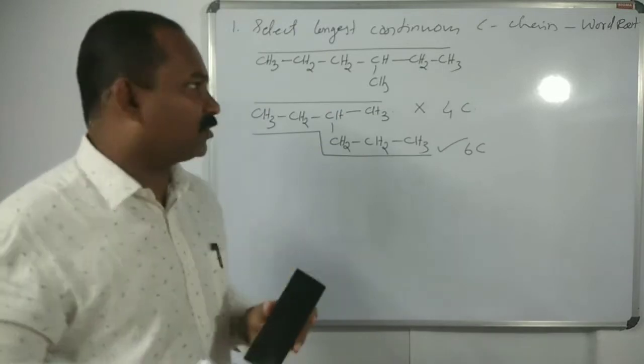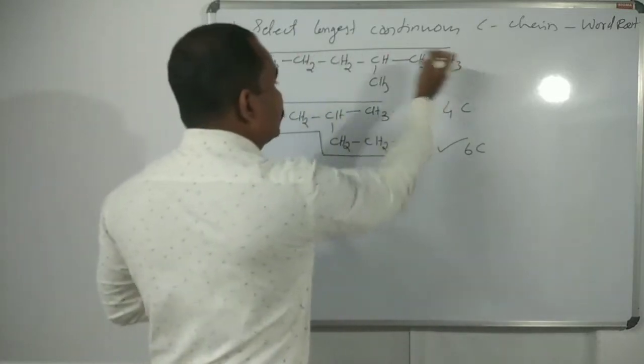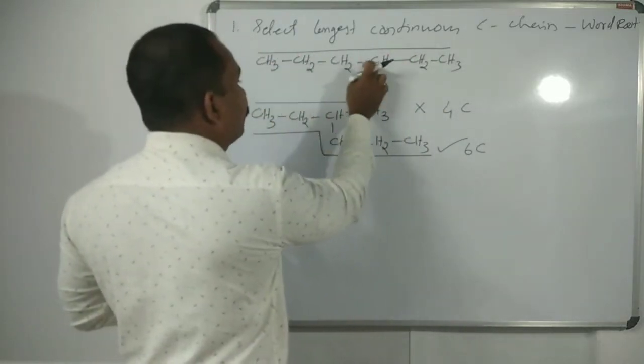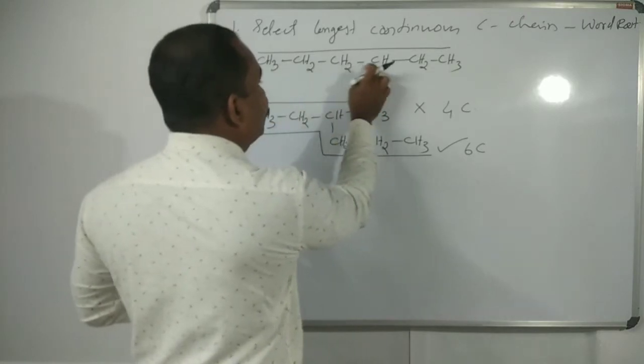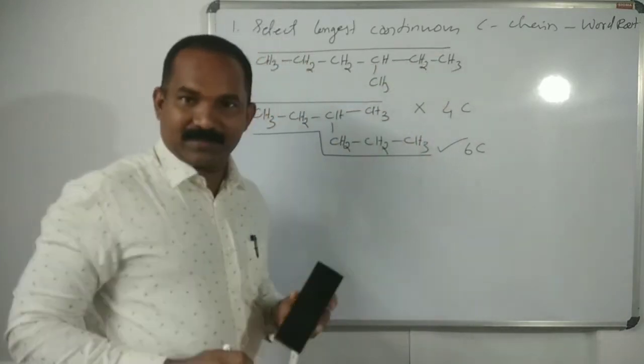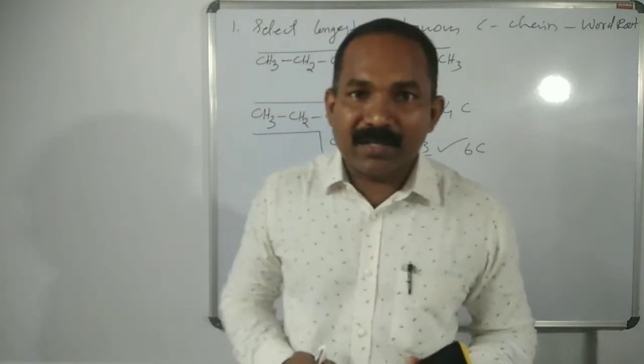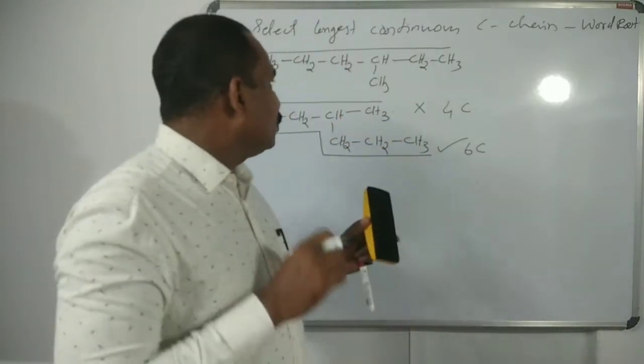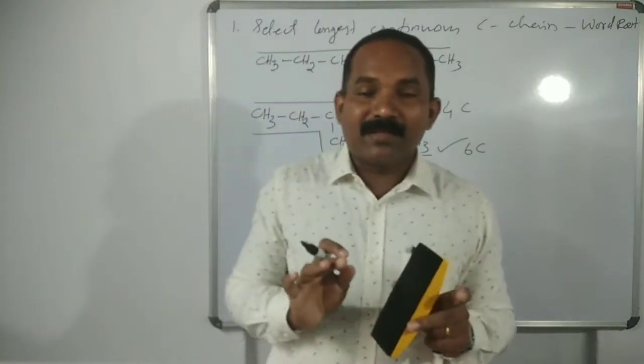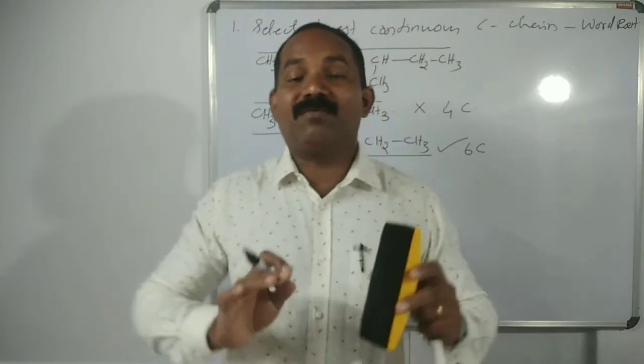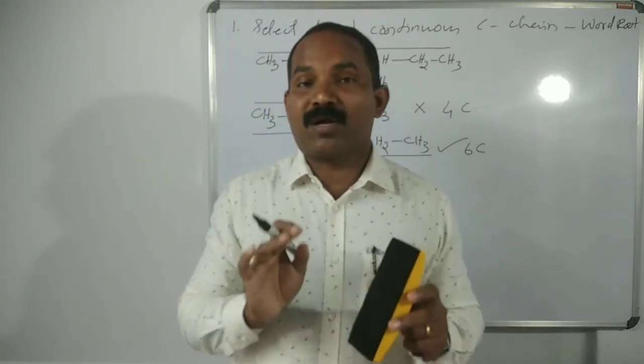First general rule. In this case, it is the longest chain. Why? 1, 2, 3, 4, 5, 1, 2, 3, 4, 5, 6. Are you clear? Yes. So this is the first rule, selection of the longest hydrocarbon chain.